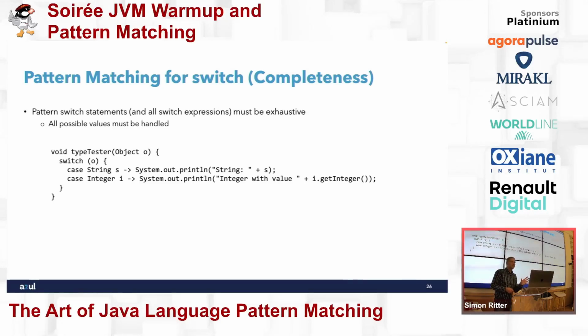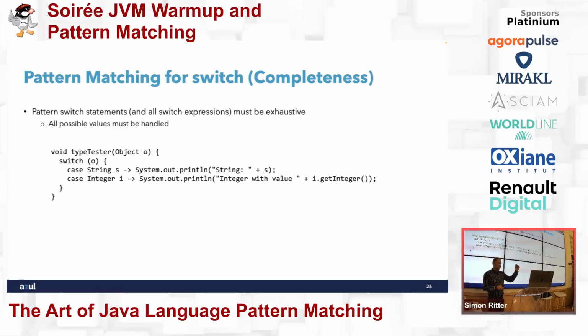But the designers of this said, well, that's going to leave too many possibilities for error. So what we're going to insist on is that all switches have to be complete in terms of types, meaning that you have to address every single possible type that could be passed to that. If you pass an object reference, there's an infinite number of types that could be passed to that method.